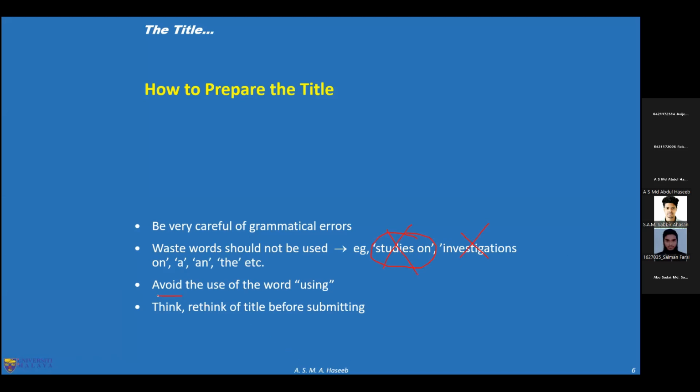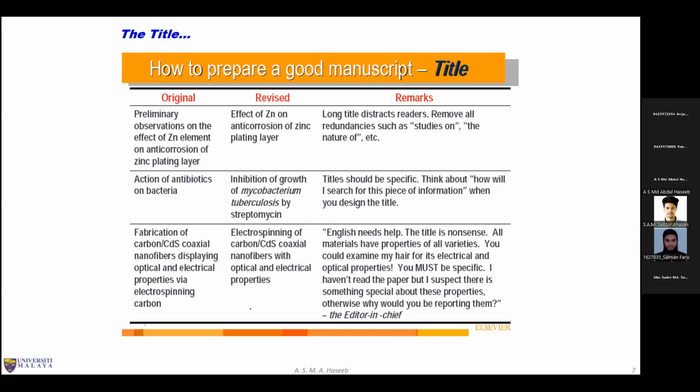One thing you have to make sure is that you put a lot of effort in writing the title. So that is very important. I show you some example. Look at the first one, which I borrowed from Elsevier. Preliminary observations on the effect of zinc element on anti-corrosion of zinc plating layer. Now this title, if you look at it carefully, there are some repetition and it contains things which are not really meaningful.